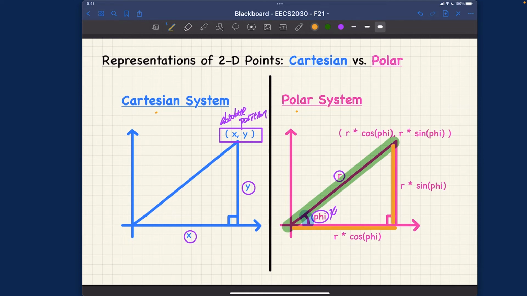Well, you definitely need some trigonometry, right? Let me review that quickly with you. How do we calculate x? Well, you can see that it's going to be r times the cosine of phi. That's how you calculate x.